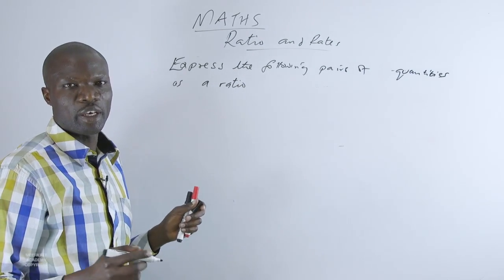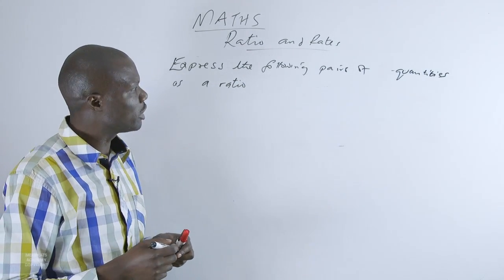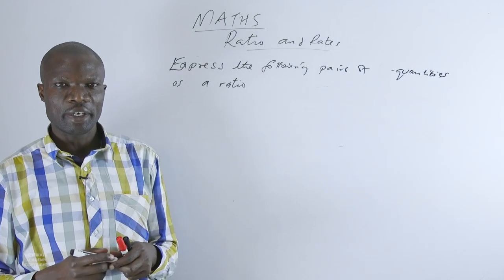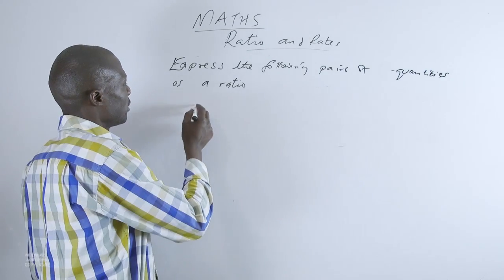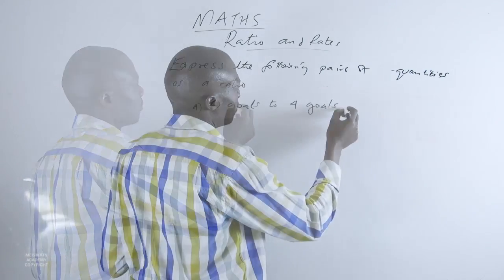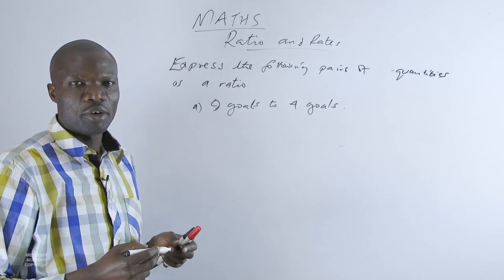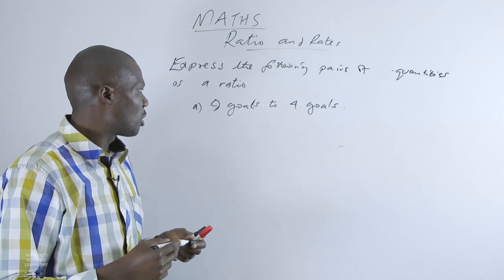Express the following pairs of quantities as a ratio. And the first pair we have is 9 goals to 4 goals.